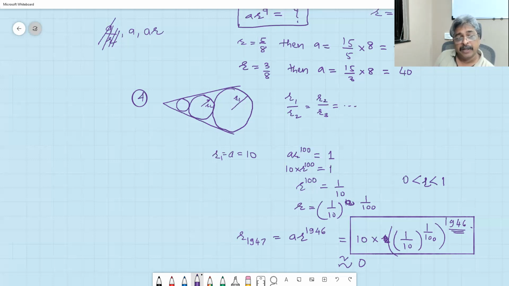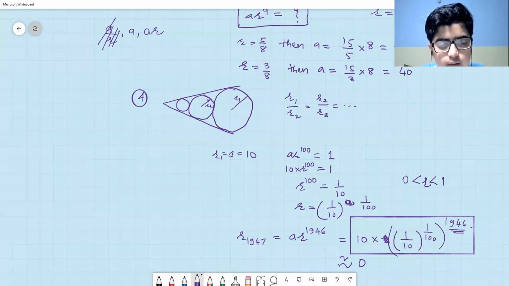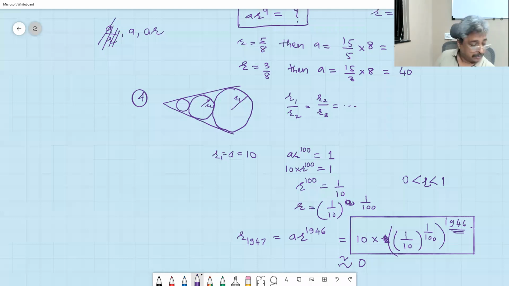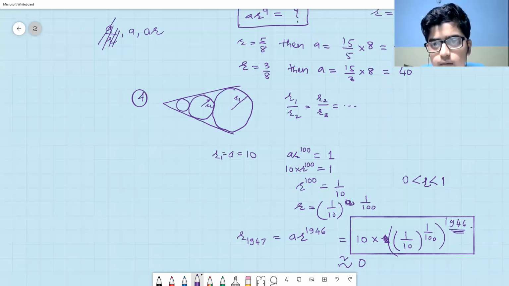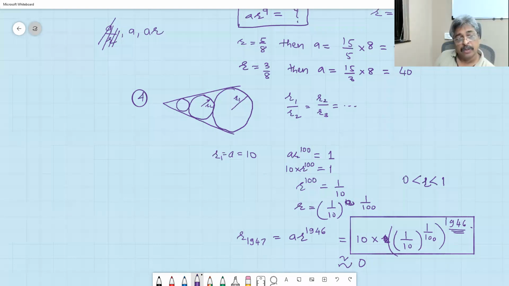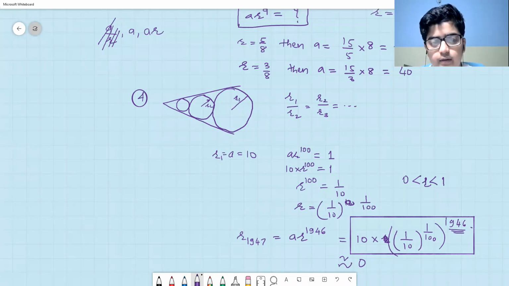If the first term is A and the common ratio is R, what is the nth term in geometric progression? Tell me. So it should be A R power n minus 1. Why? Because the first term is A and not A R.